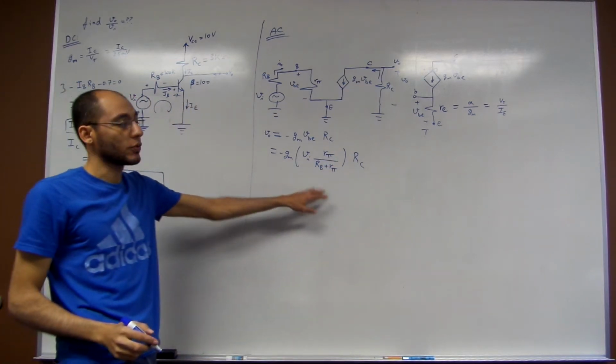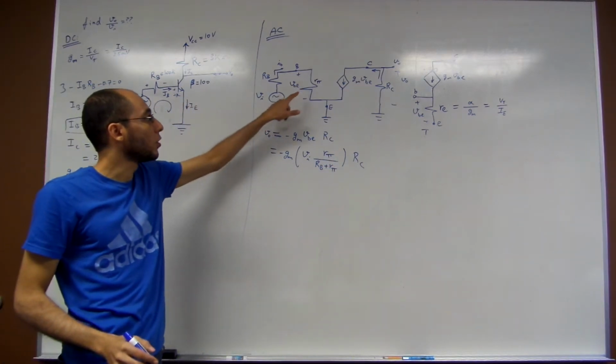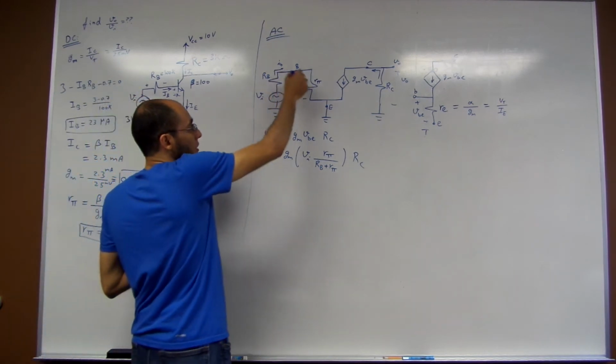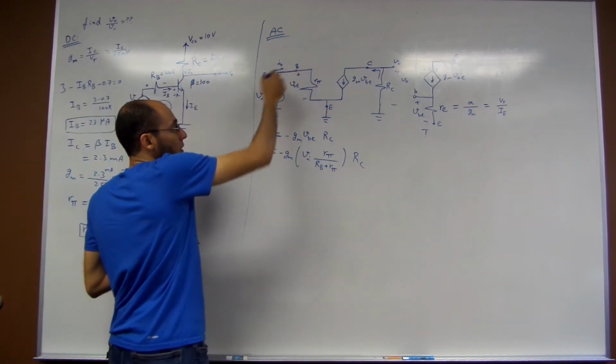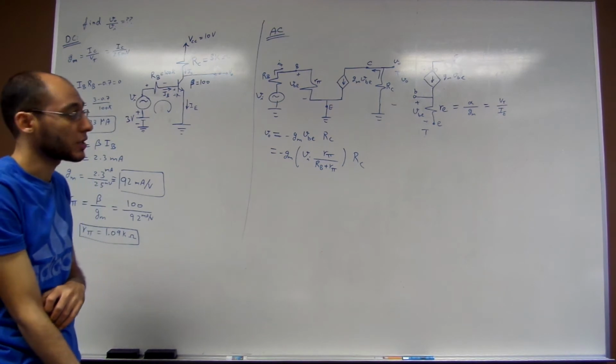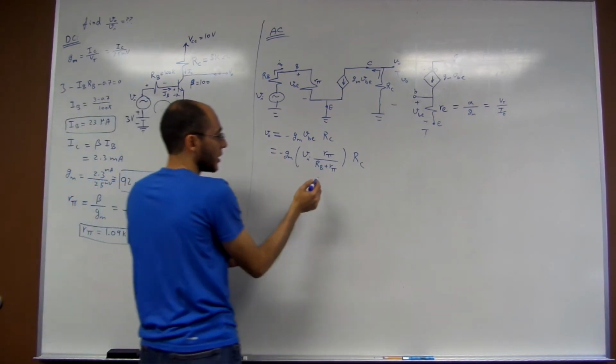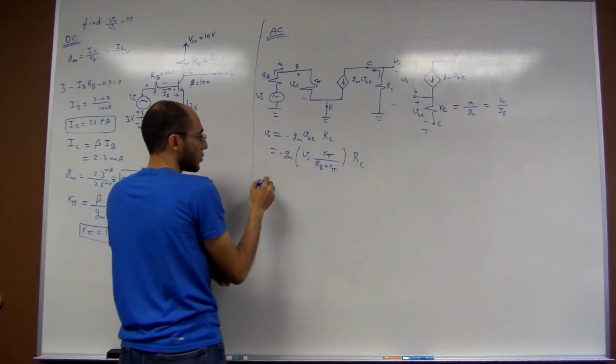That's why we were able to get this voltage divider rule: the current passing through R pi is the same as the current passing through RB.